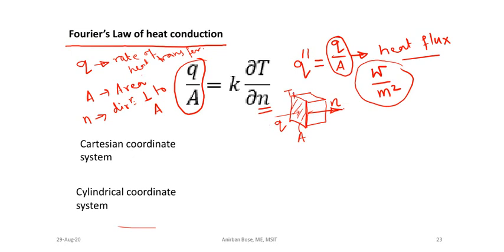Suppose here the temperature is T1 and here the temperature is T2. Definitely T1 is greater than T2, and that is why heat is flowing in that direction.